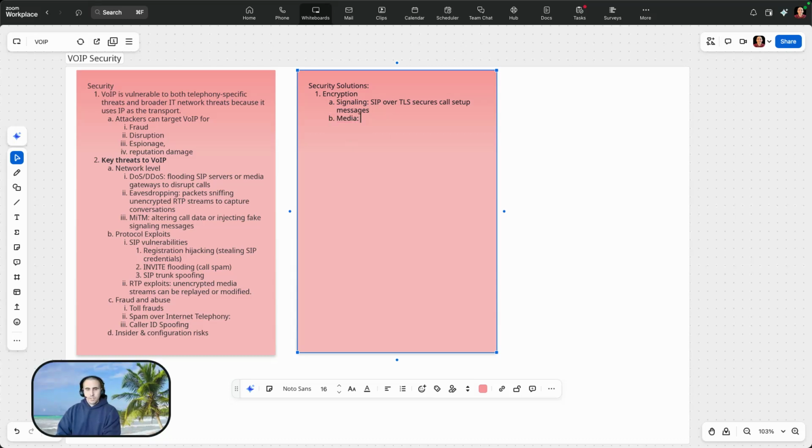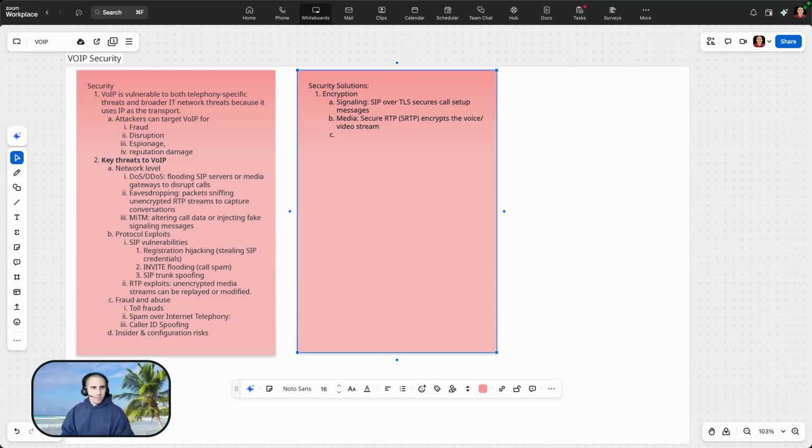For media, since we use RTP in voice over IP to actually transmit that voice data, we're going to use secure RTP, also known as SRTP, because it encrypts the voice and video stream.